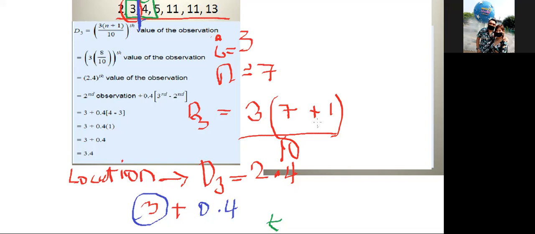The position tells us that it is 2.4, which is past the second data in ascending order. So we need to multiply it by the difference of the two data where our D3, or third decile, is located.